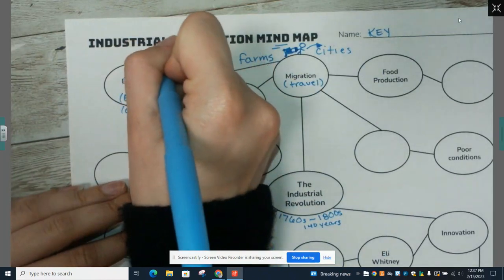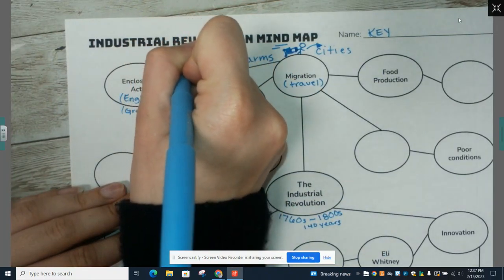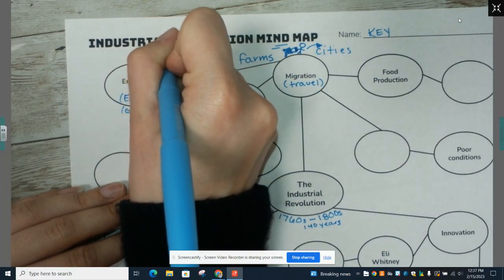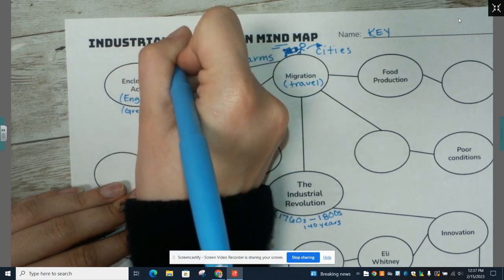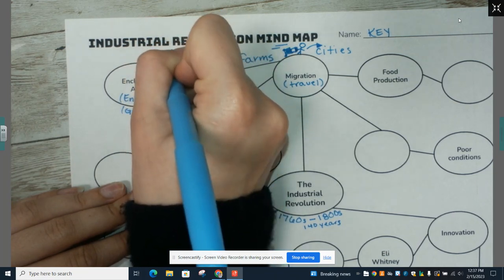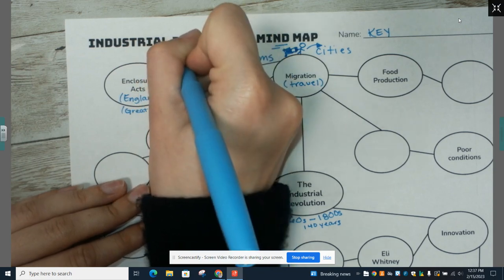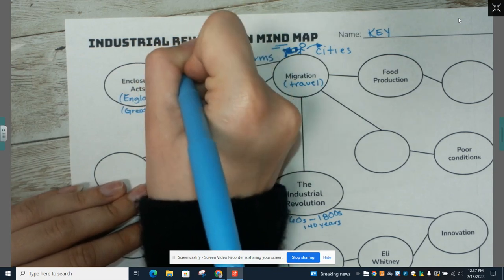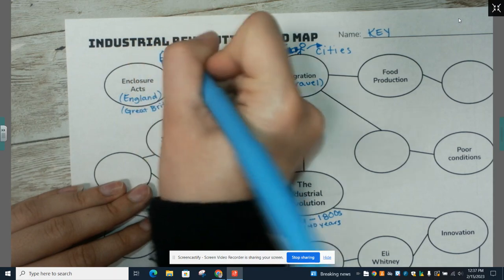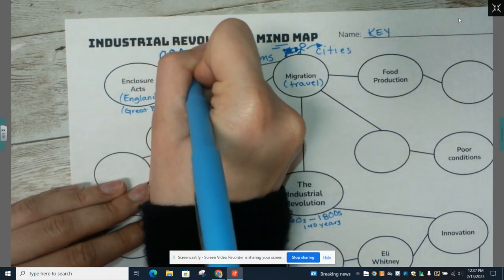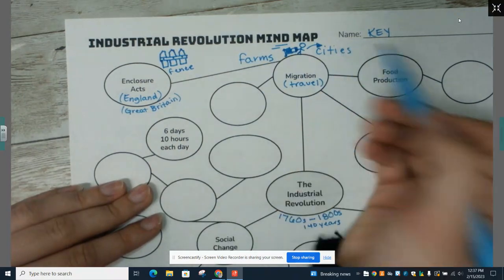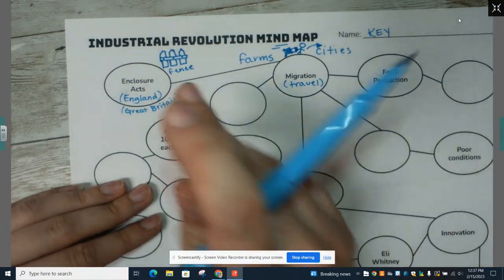So people were having to put up massive fences around their land, and that meant some farmers actually lost land. Sometimes they lost their land completely. And that meant that farmers who spent years farming had to leave in order to go and find a new job. And people were going to find new jobs in the city.